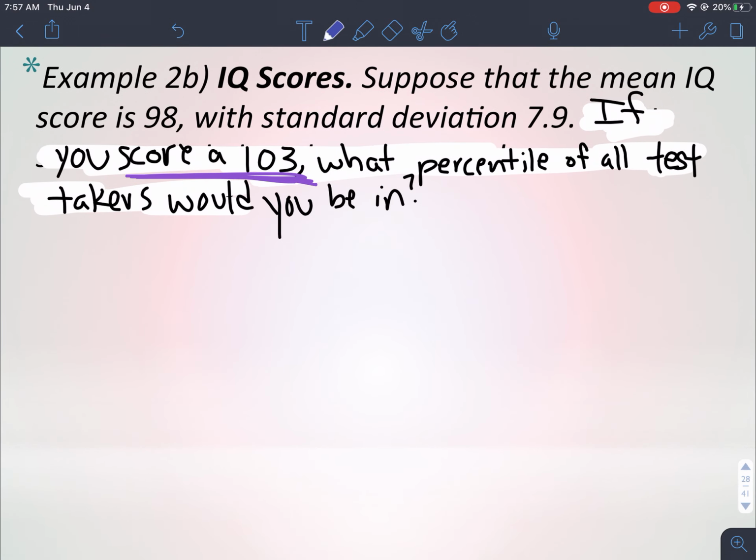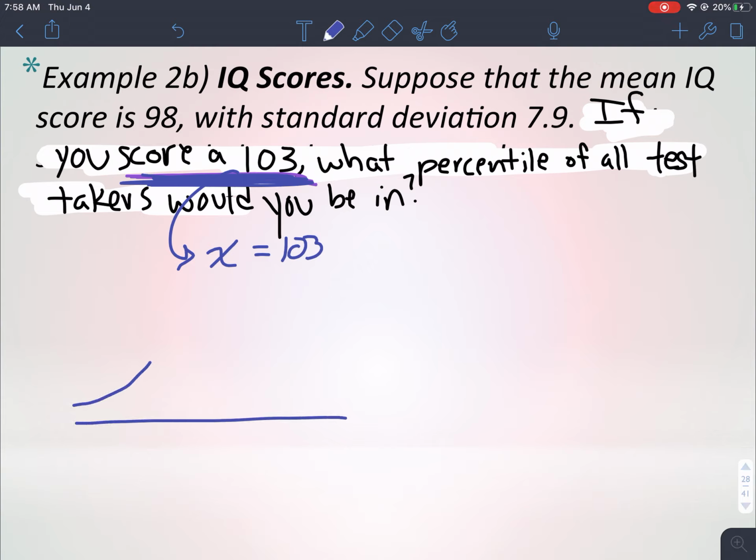Suppose that the mean IQ is 98 and standard deviation 7.9 again. If you score a 103, what percentile of all test takers would you be in? This is not an inverse normal question. This is a regular normal CDF question because we are given the x value instead of being given the percentage.